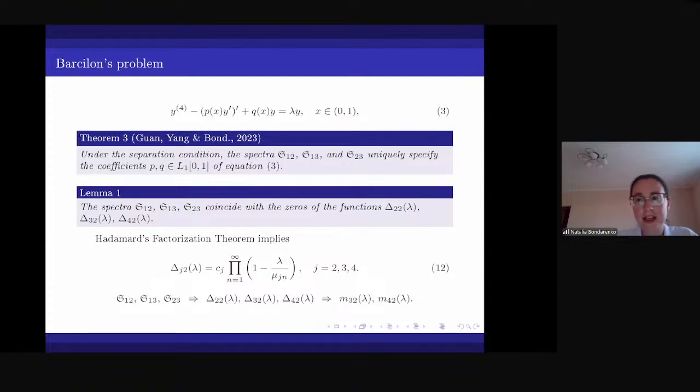I'll briefly say about the proof of the theorem. First of all, let us notice that these spectra coincide with the zeros of some characteristic functions. For delta 2,2 and delta 3,2, it's obvious from the definition. For delta 2,4, it requires some technique, but it's rather simple.